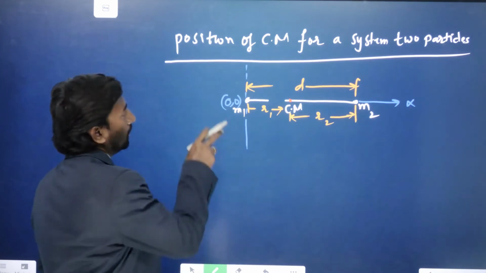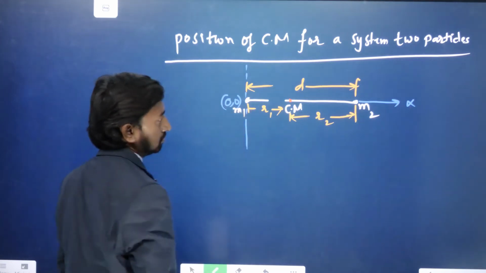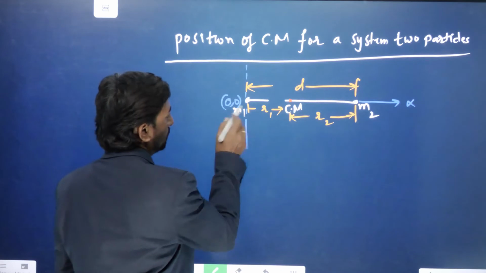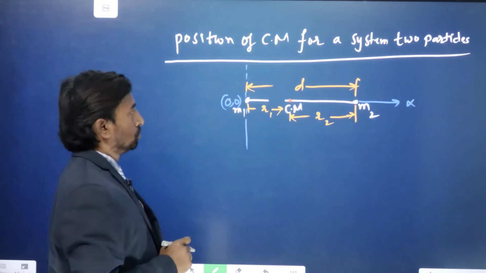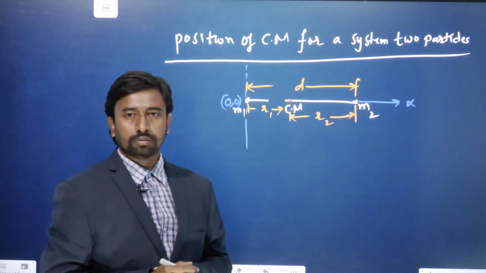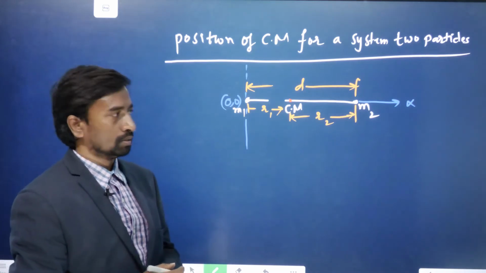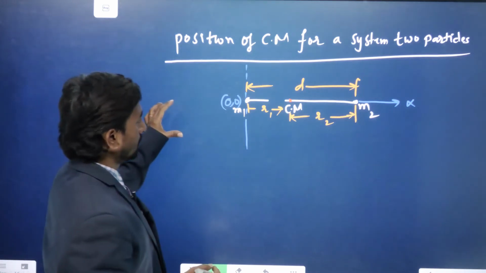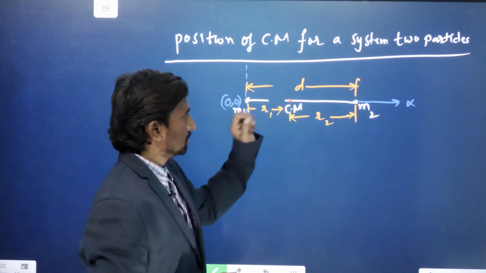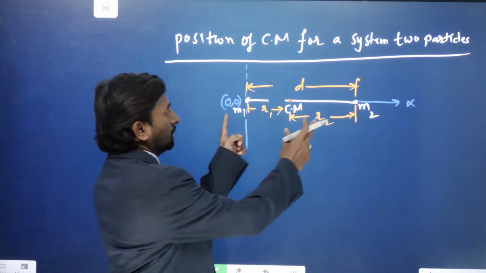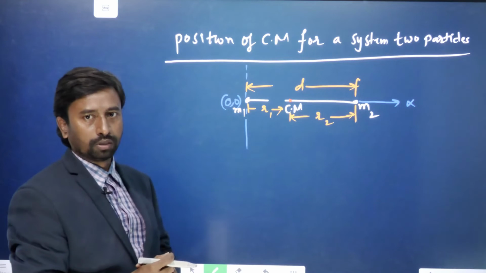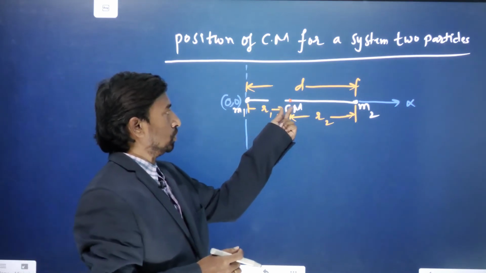Suppose the mass of the body is moved. Here, to find the center of mass, we will use the moment of the mass. Suppose any external force is applied on this center of mass, then the whole set of particles will move.